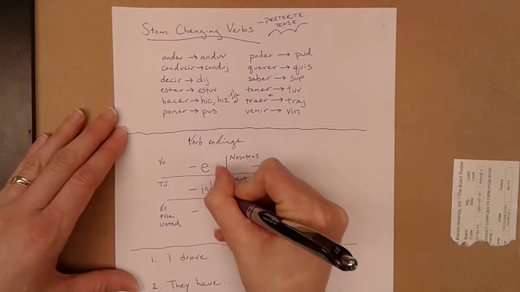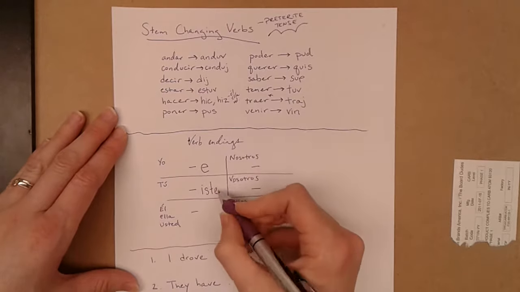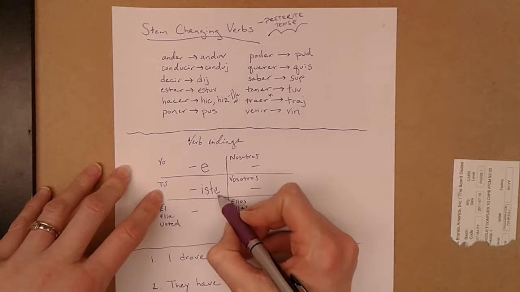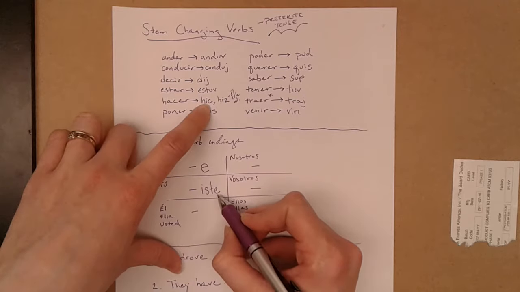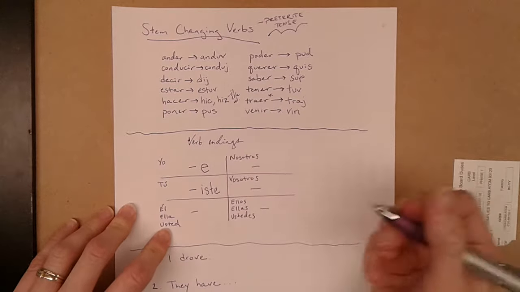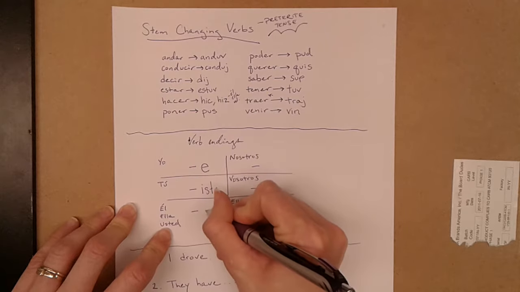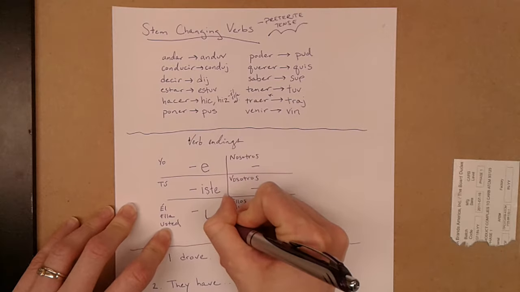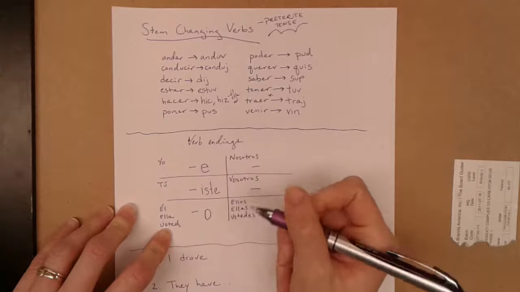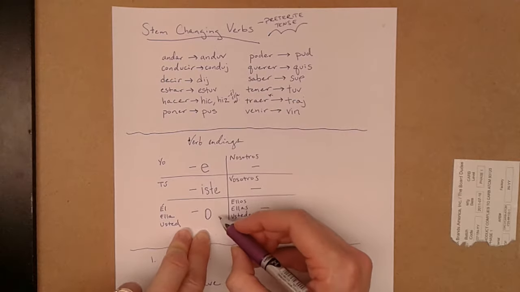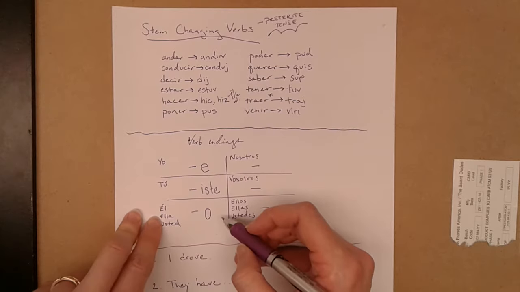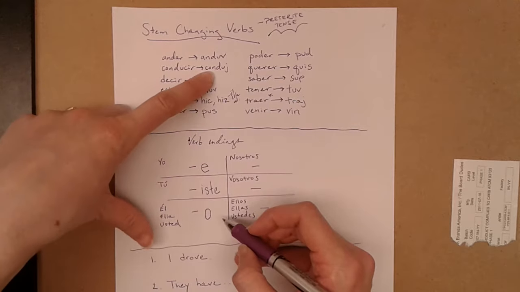Iste is your ending for tú. So if you were to say you made something, you'd say tú hiciste. Él, ella, usted, it's just an O. No accent. So he drove, condujo.